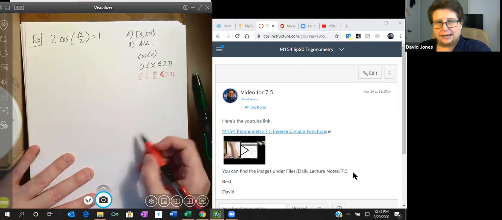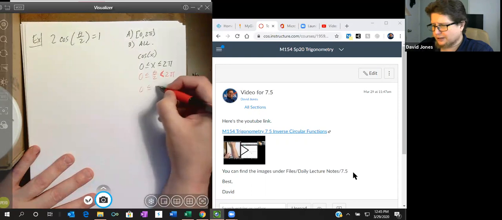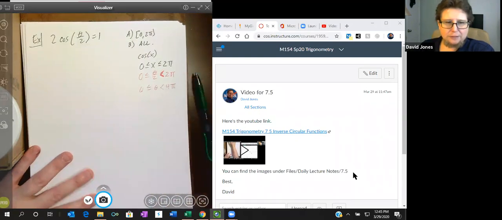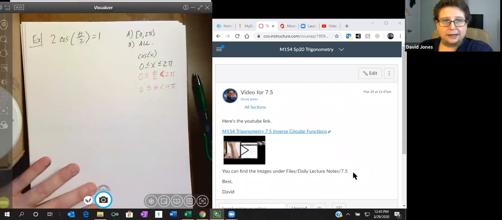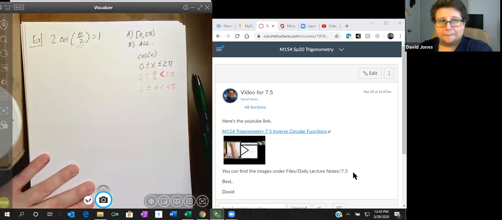And if I get theta by itself by multiplying by 2, I have 0 is less than or equal to theta, which is less than 4 pi. So I actually need to check more solutions than just 0 to 2 pi. And the reason why is because this is a half angle. And it throws the bacon off a little bit.